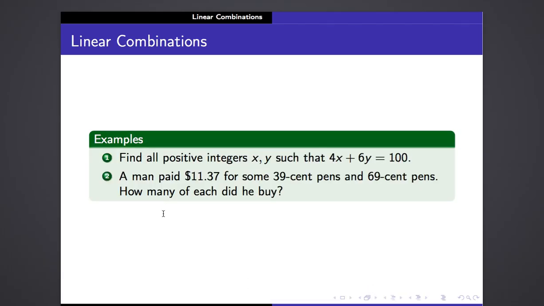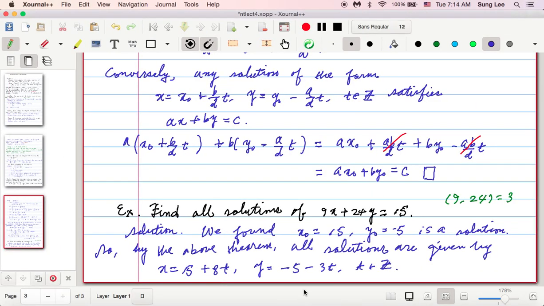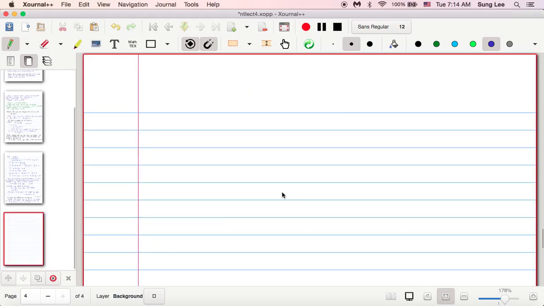All right, so we are going to go over now a couple of examples. The first example is: find all positive integers x and y such that 4x plus 6y equals 100. So let's talk about this example first, okay?